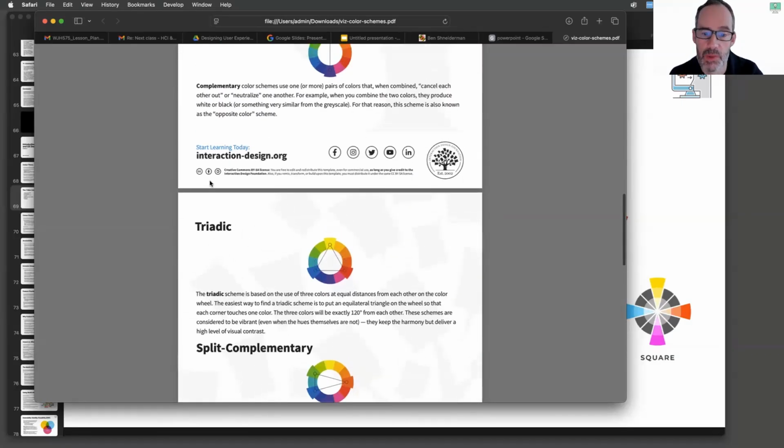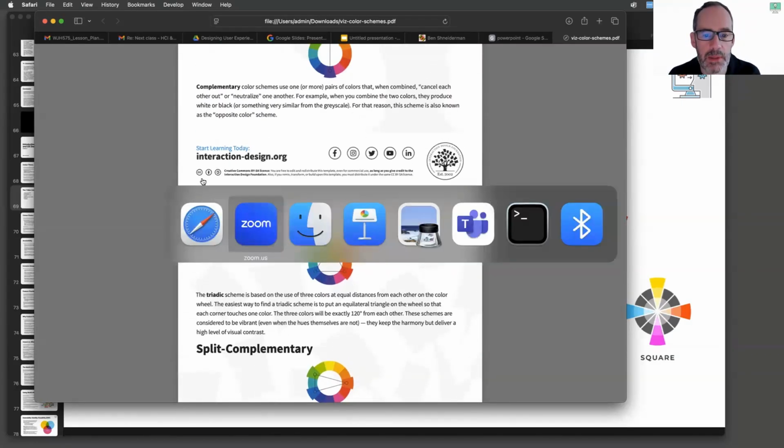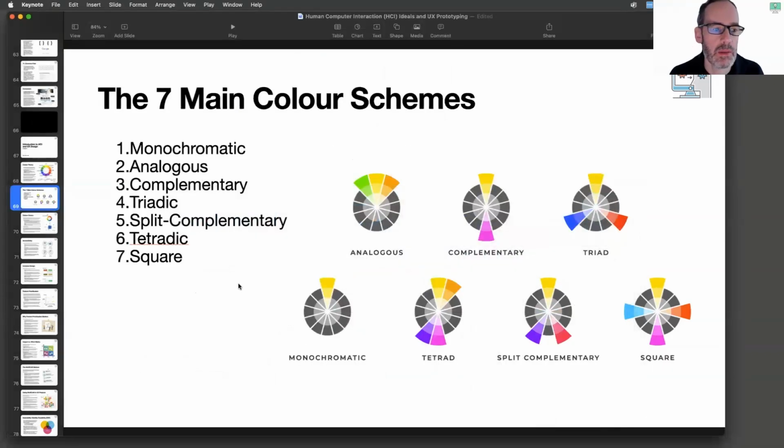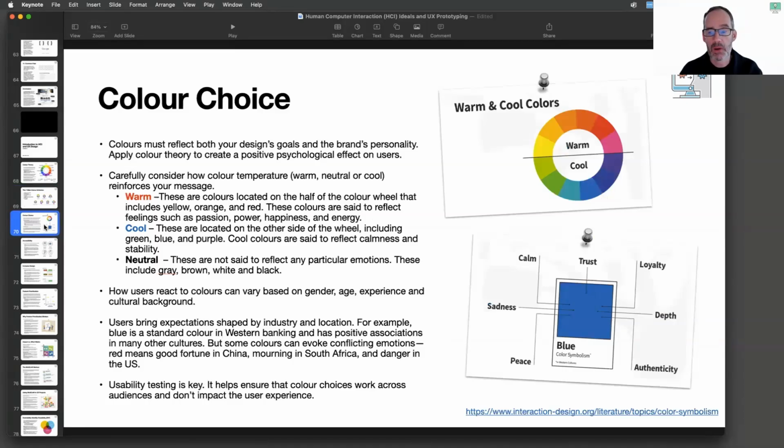So I'm not going to go through them all in detail, but you can certainly have a look at them. Just know that there are different approaches to color. Complementary works quite well, and split complementary. So I would say work through them and know that there is a lot of background and a lot of research that has happened in relation to color and color choices.